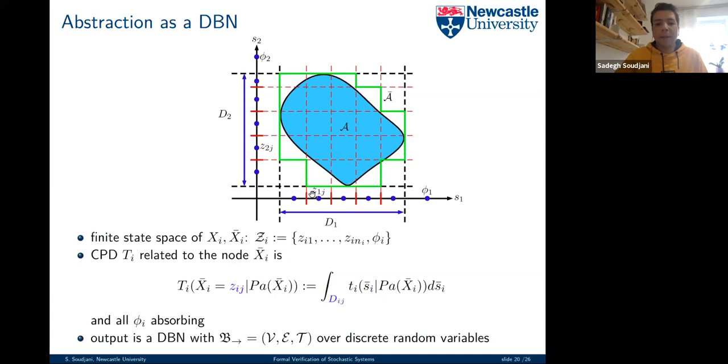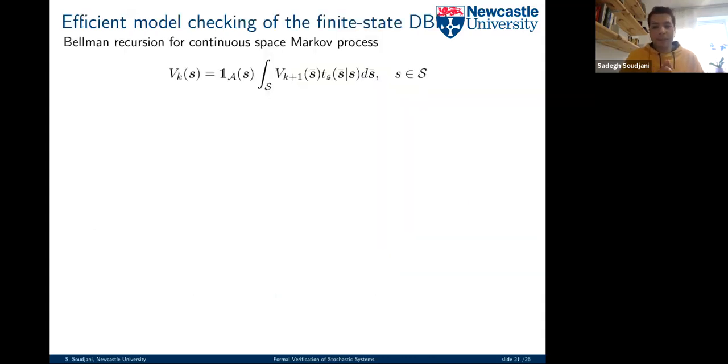If we take the product of all these partition sets, it gives us a partition for the whole state space, and we take the union of some of these partition sets to cover the actual safe set. So in this case, we are making some error. The first error is related to the discretization, and the second error is related to over-approximating the safe set.